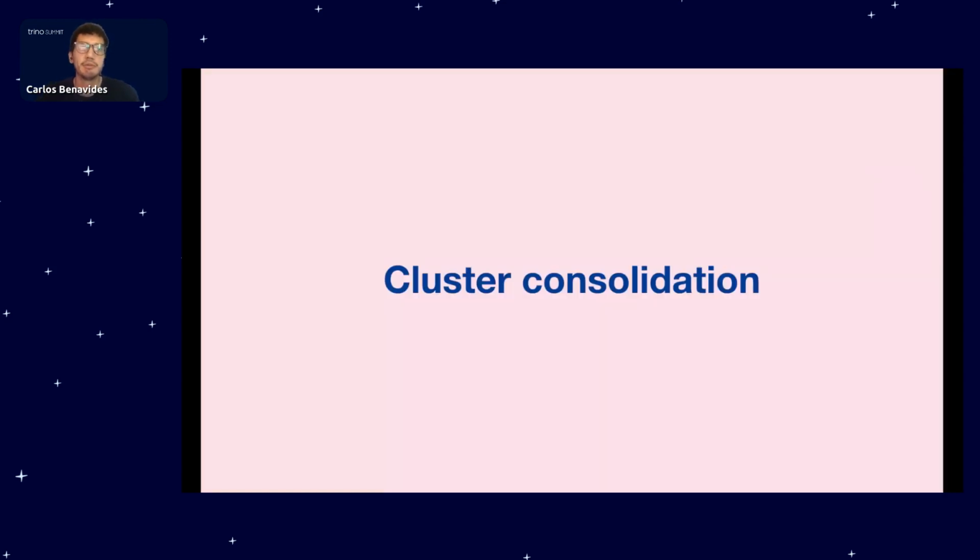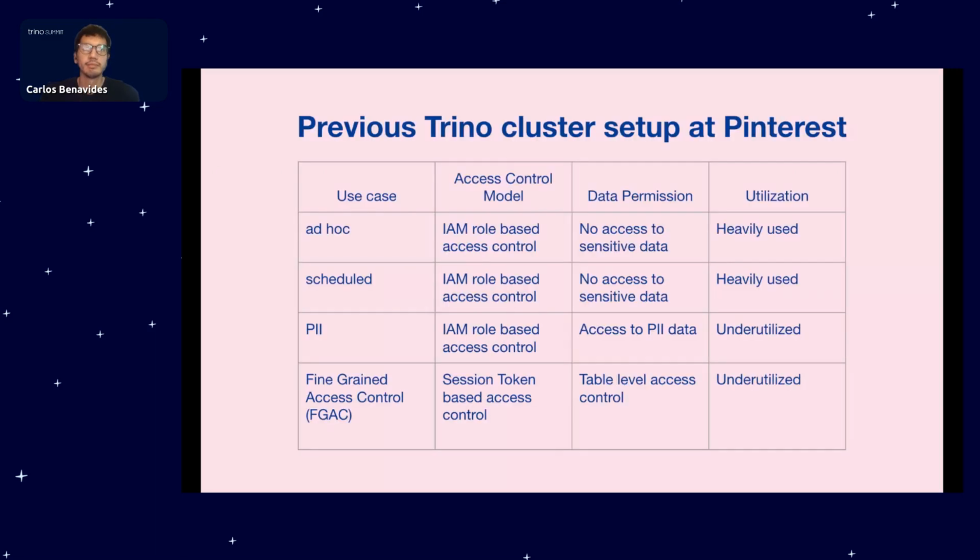So now we'll talk about our last optimization, or fourth and last optimization, consolidating our clusters. Our previous Trino setup at Pinterest, around the time of early 2022, was that we had 4 clusters, which had four use cases: ad hoc, scheduled, PII, and FGAC, or fine-grained access control.